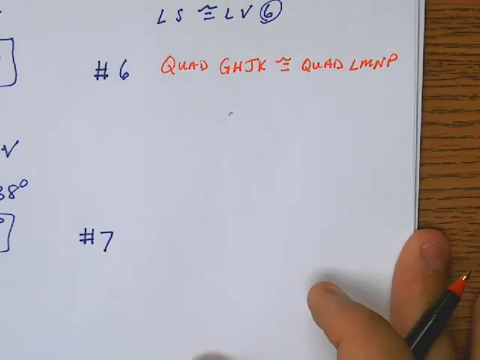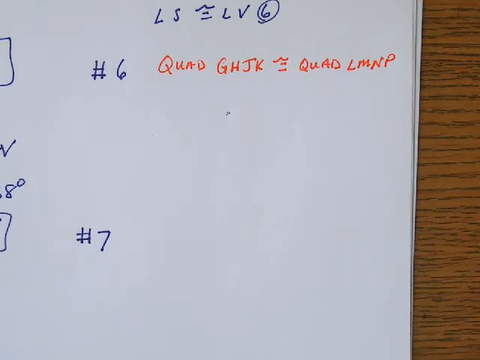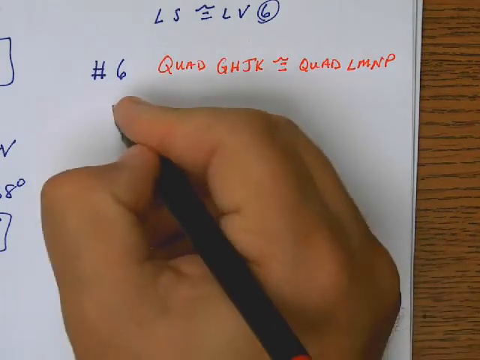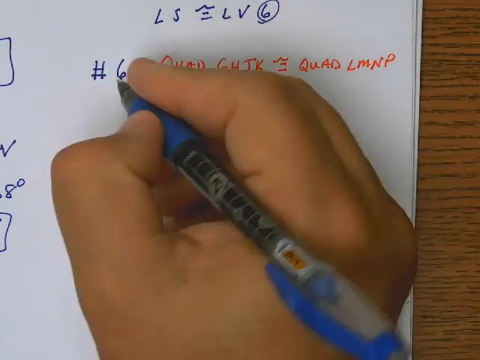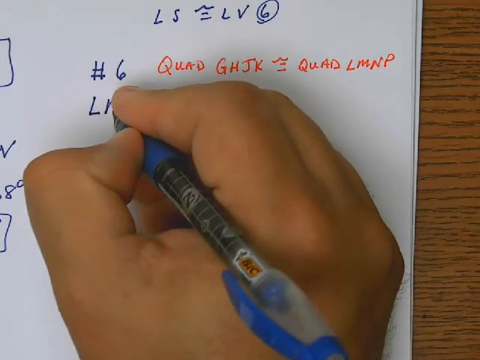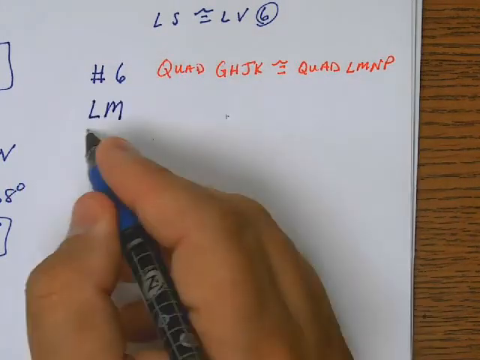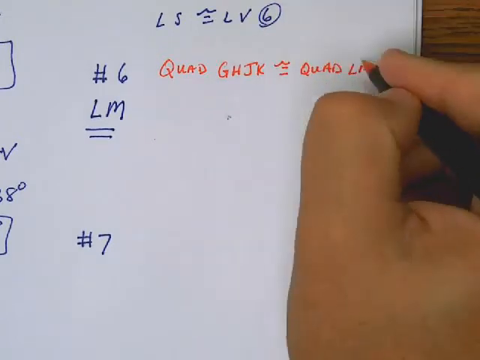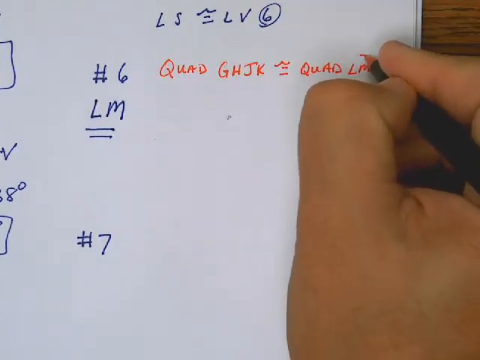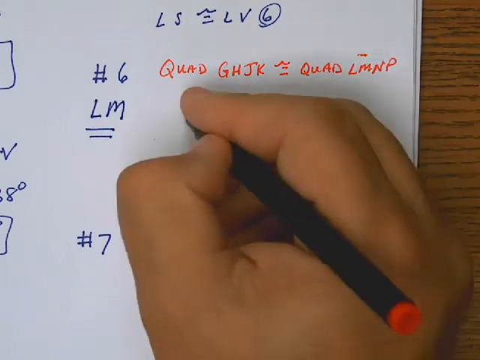Here's my congruent statement. That's going to help me out a lot. Trying to find LM. Well, when I look at the congruent statement, LM right there.